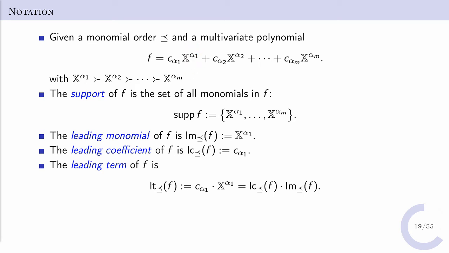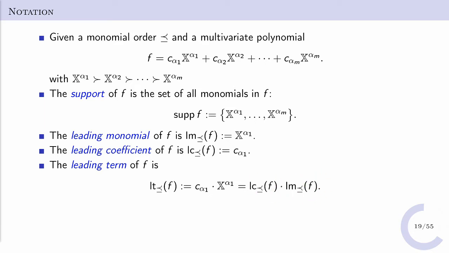By the support of the polynomial f, we understand the set of all these monomials that occur here with non-zero coefficients. The leading monomial is, of course, the monomial which is biggest of all of them. And the leading coefficient is the coefficient that comes with the leading monomial. And finally, the leading term is just the product of the leading coefficient and the leading monomial.